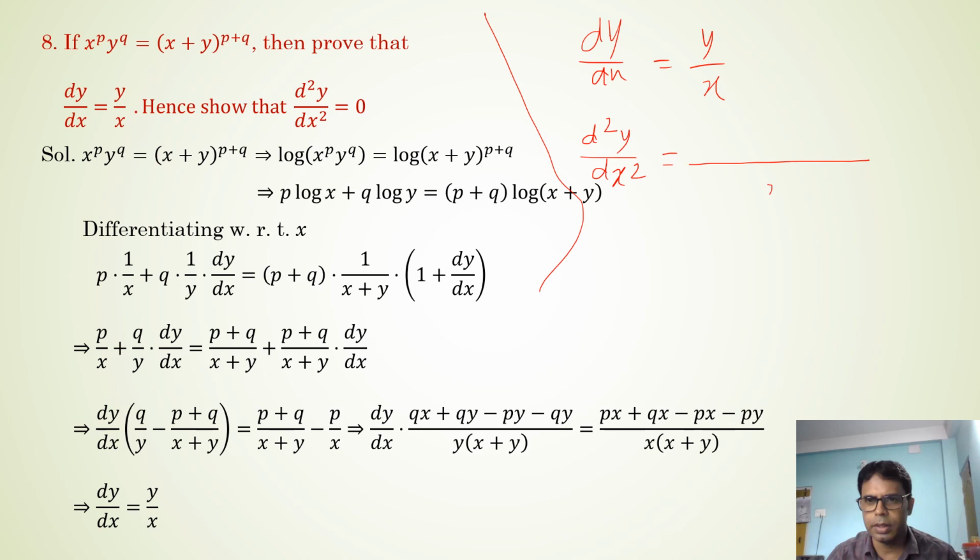Quotient function means denominator square, then denominator into derivative of numerator is dy dx, minus numerator is y into the denominator derivative which is 1 only. And here we reuse a value, x into the value of dy dx, which we just obtained, dy dx is equal to y by x.